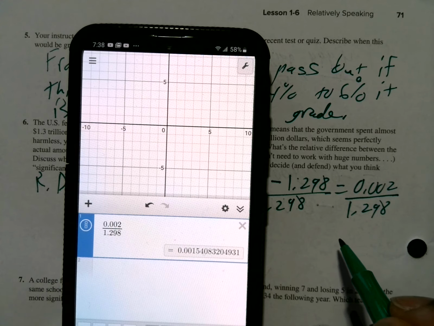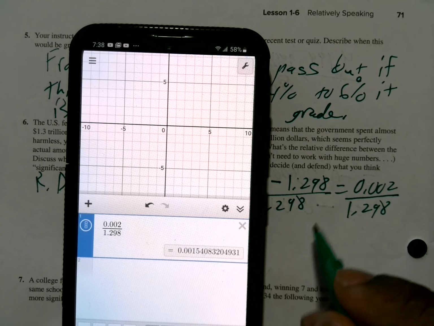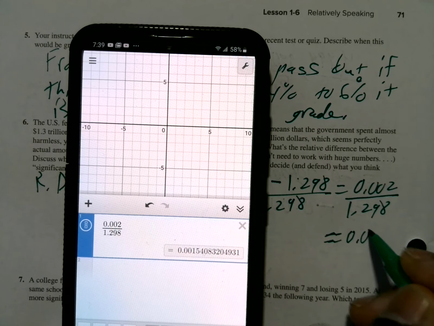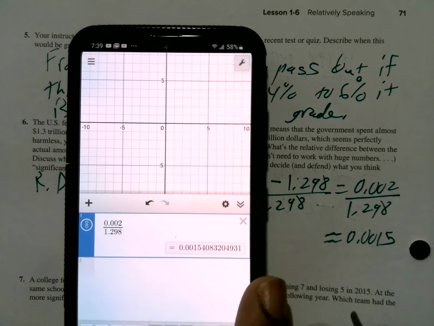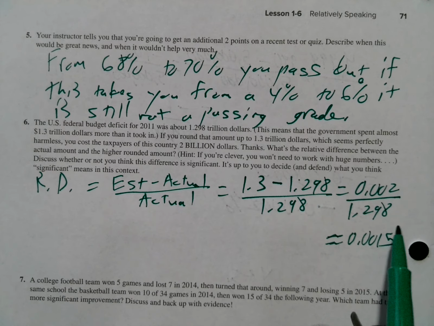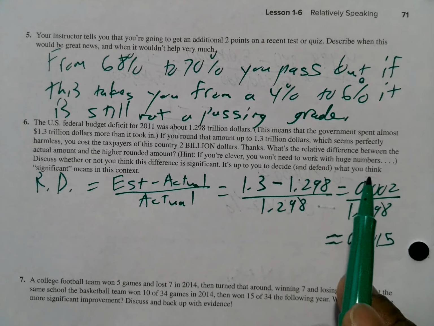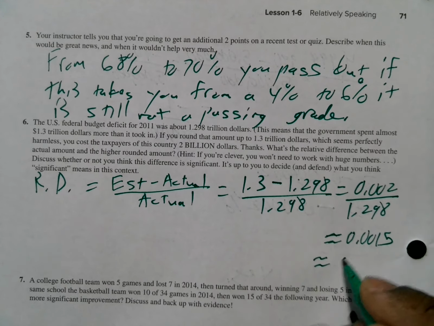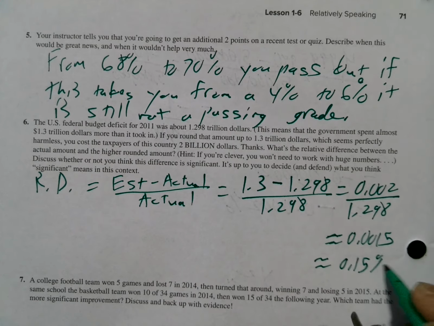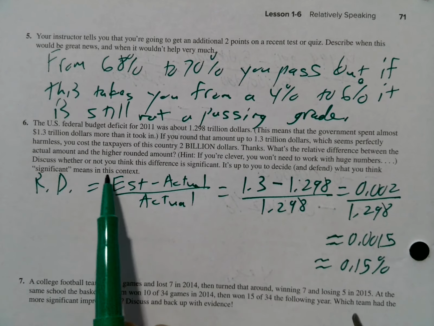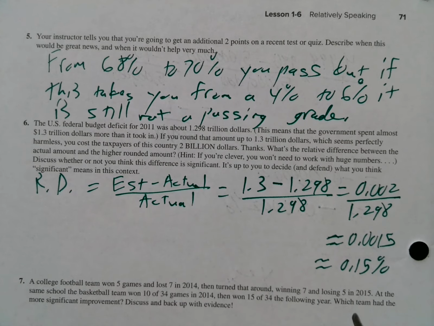Now, if we round this, let's just go 4 decimal places. 0.0015. Okay, now, since we want to write this as a percent, it'll be approximately 0.15%.